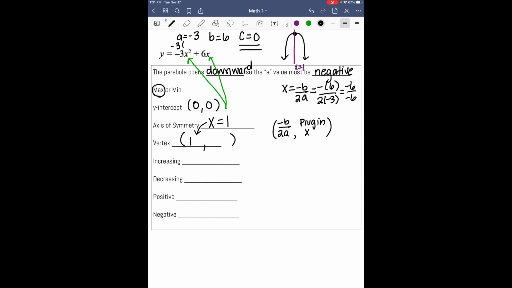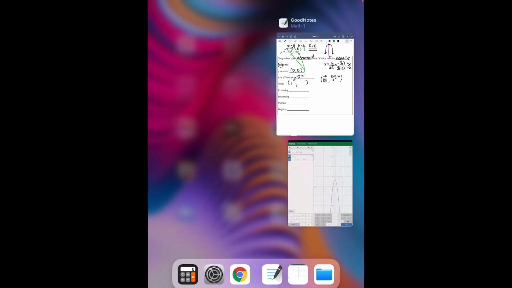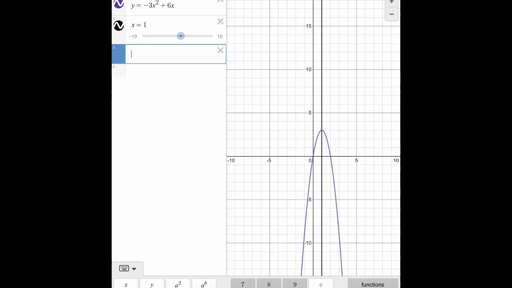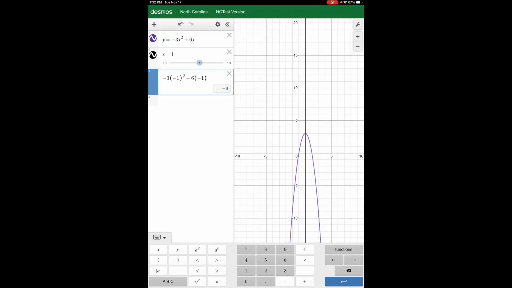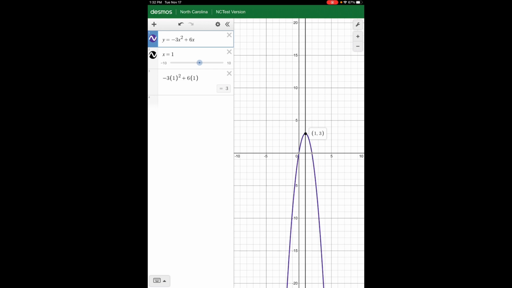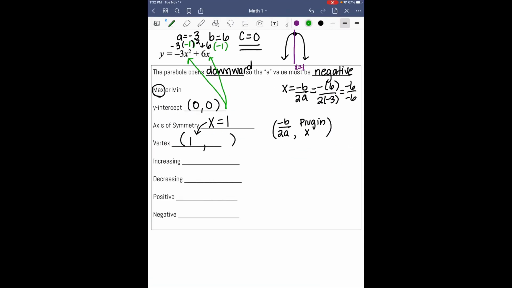So if I plug this in, I get negative 3 times negative 1 squared, don't forget to square it, don't forget your parentheses, plus 6 times negative 1. And sorry, it should be positive 1. I actually plugged in negative 1 by accident. I'm going to plug in positive 1, and I get my y value is 3, which is exactly what the vertex says in Desmos. So if this equals 3, that means that my vertex is at 1, 3.